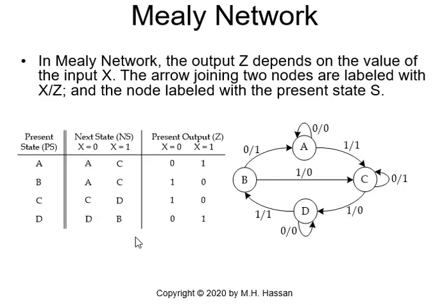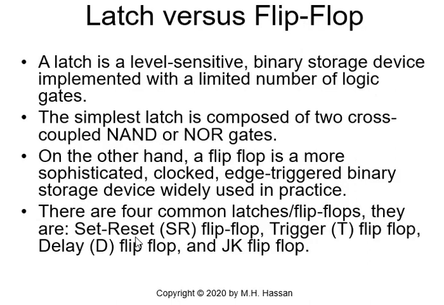Now, these sequential networks use latches or flip-flops. Both of them are memory elements. But really, we would like to understand latch versus flip-flop. What's the difference between those two? A latch is a level-sensitive binary storage device implemented with a limited number of logic gates, often unsynchronized.